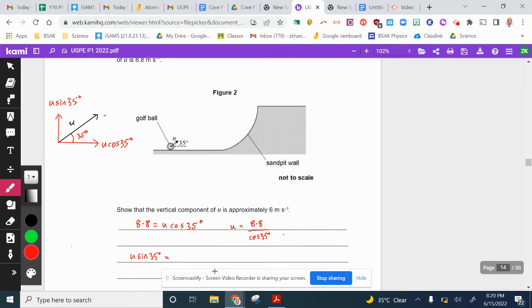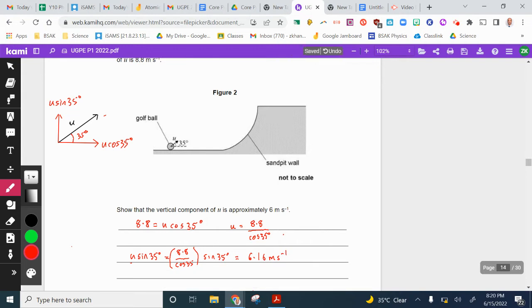We know u is 8.8 divided by cos 35, and we multiply that by sine 35, because we've substituted for u, which is 8.8 over cos 35, multiplied by sine 35, and we should get an answer of around about 6.16 meters per second. Okay, and that's how we do this question.